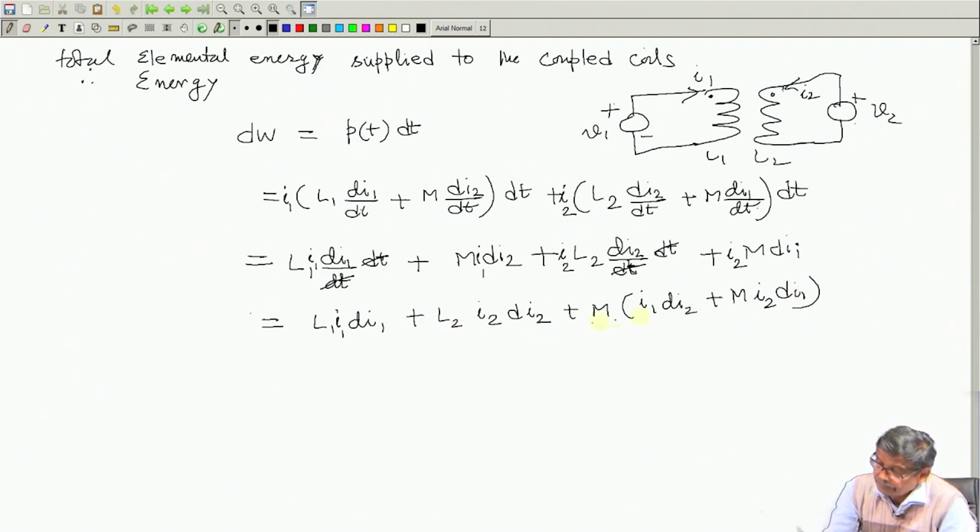This will be the energy, not energy supplied in time dt, elemental energy. So, this M I have written twice, correct. So, this will be the thing.